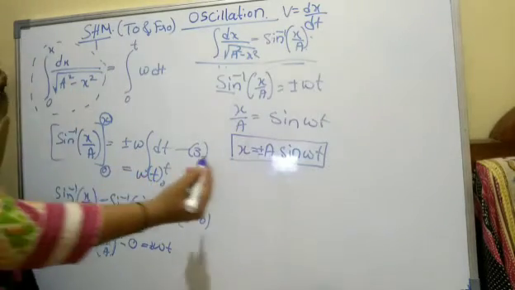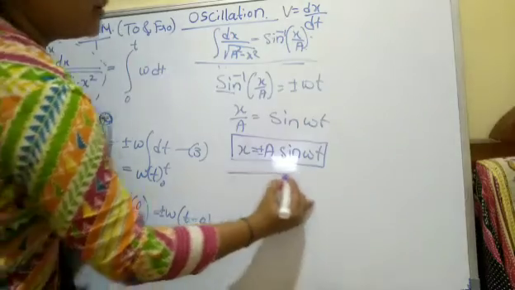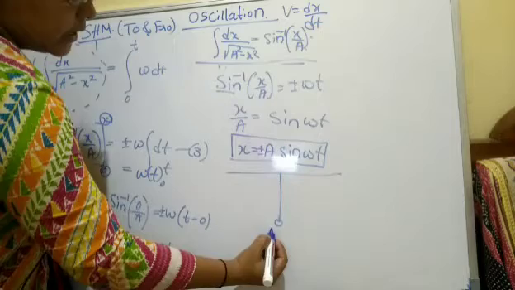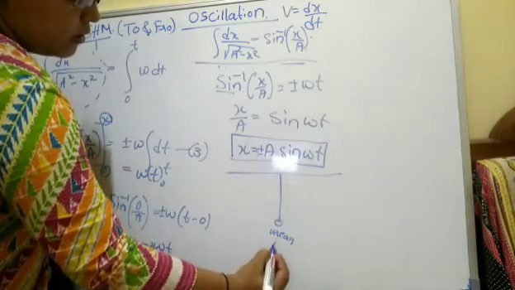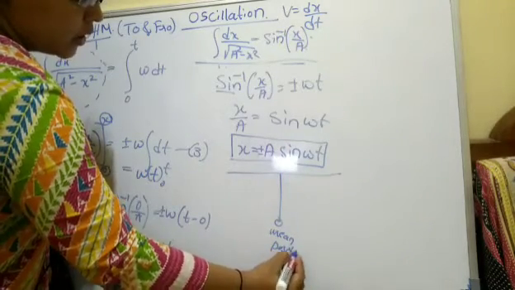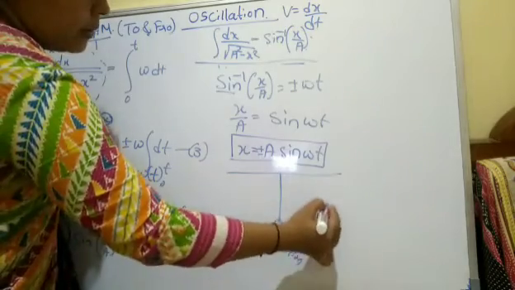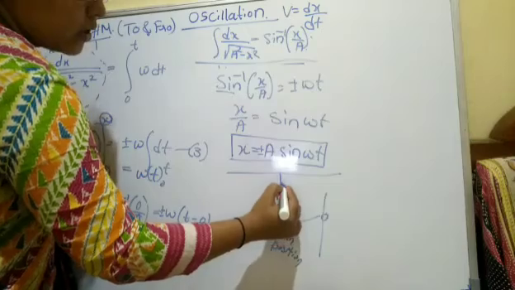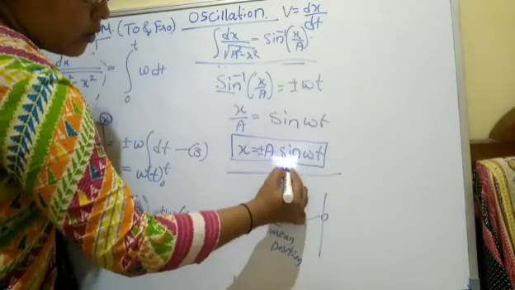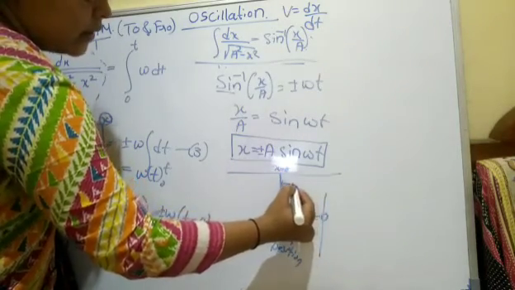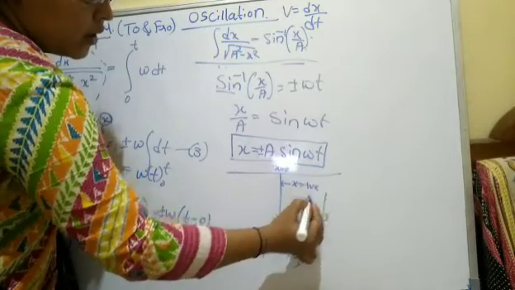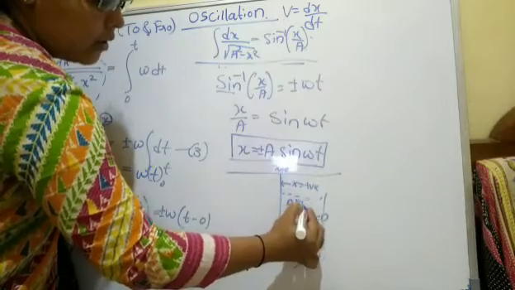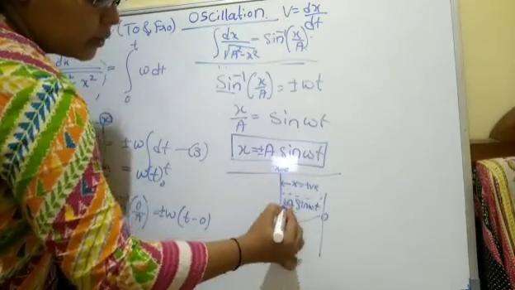So if you want, you can cross check with the diagram here. Simple pendulum, the bob is there at the mean position, right? Just to cross check. So this will be the extreme position when it is moving here. So positive direction means x is moving from 0 to a certain distance here. So x is positive here, so that this journey, this part is a sine omega t, because it is a positive direction.